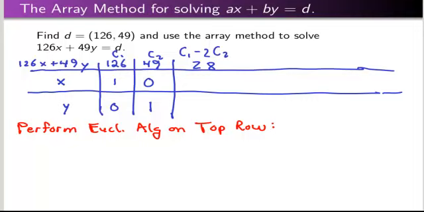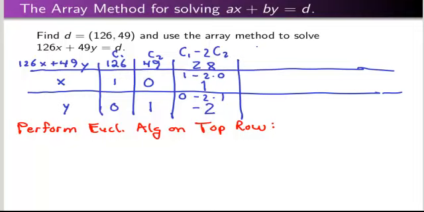And then do the same thing with each of these entries. So 1 minus 2 times 0 gives us 1. And then 0 minus 2 times 1 gives me negative 2. And this column is telling me how to express 28 as a linear combination. 28 is 1 times 126 minus 2 times 49.